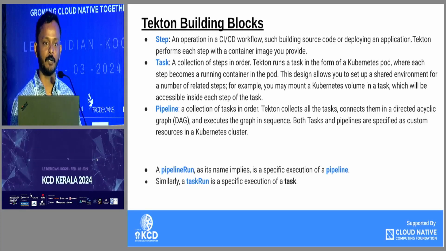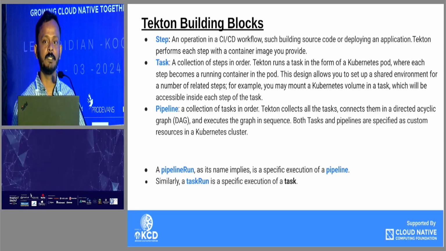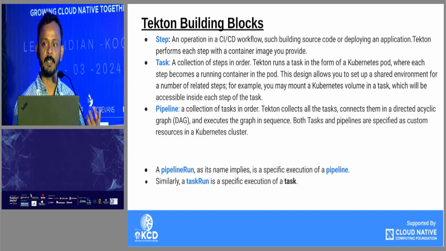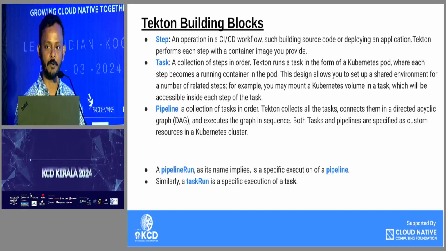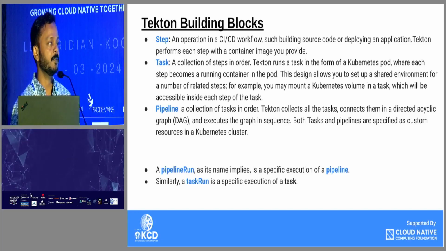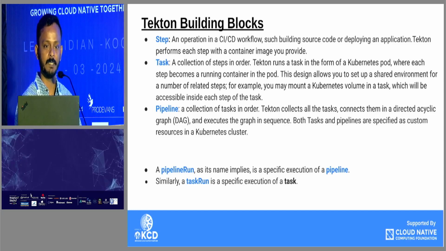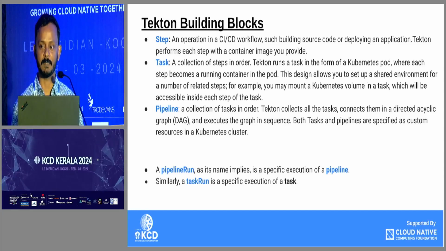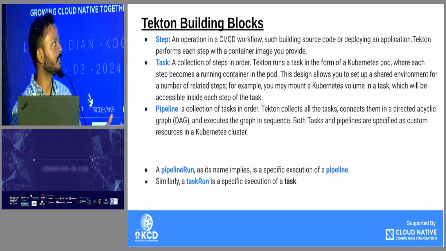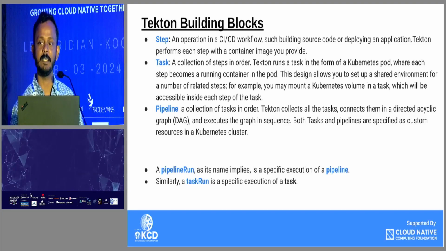And in Tekton, internally, it groups all the tasks as a graph, and the graph is executed in that order. The basic component of a pipeline is a task. So a pipeline is made up of multiple tasks. In Tekton, a task is basically a Kubernetes pod.